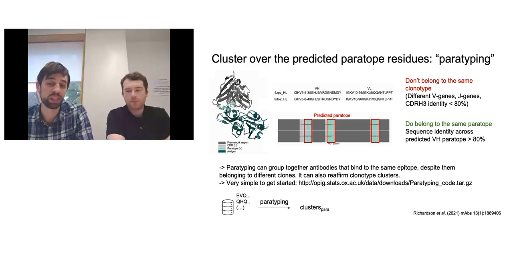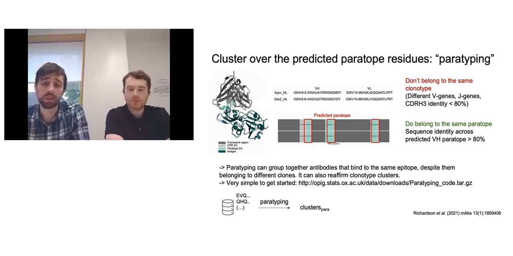When you cluster over the predicted paratope, they do cluster together, because they have the right kind of chemical profile that is most likely to be involved in the binding to do the same thing. And this is a real example of two antibodies, one in dark gray, one in light gray, that bind to the MERS receptor binding domain, that cluster together across the predicted paratope, but not from a genetics viewpoint.